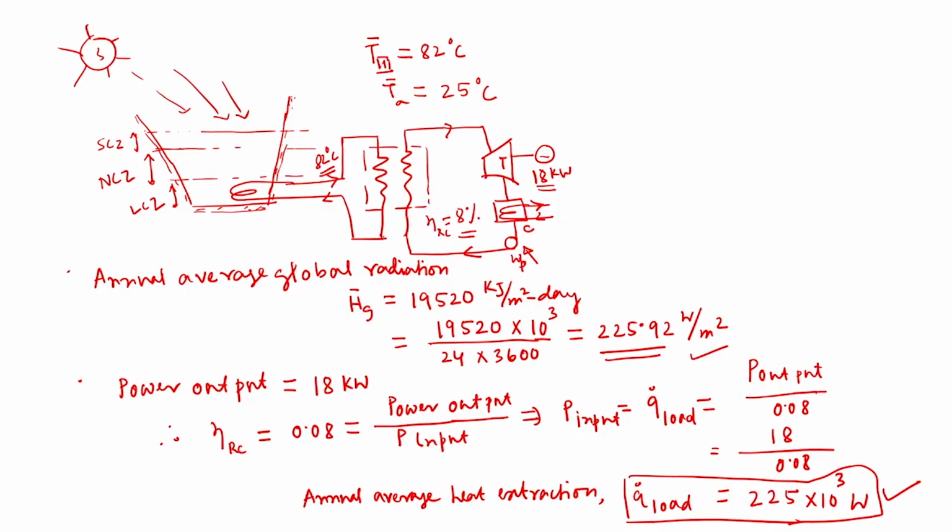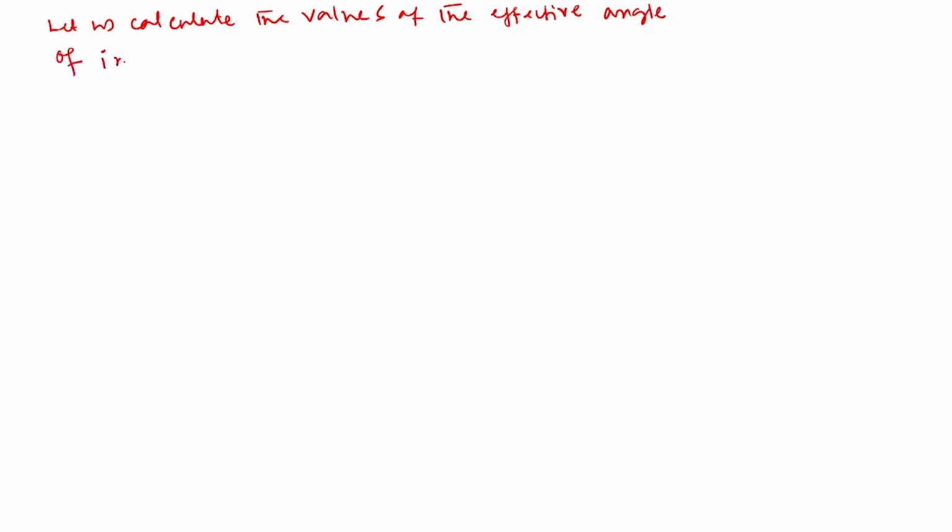Now, what we will do? We will calculate theta 1. Okay. So, that means let us calculate the values of the effective angle of incidence and reflection. Okay.